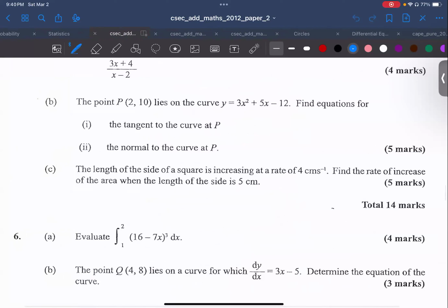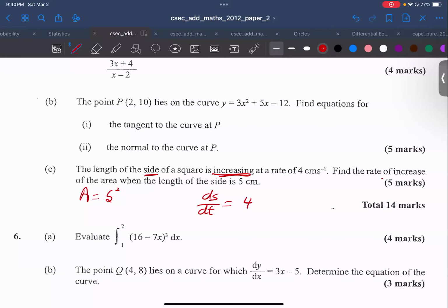All right, so the length of a square is increasing at a rate of 4 cm per second. Find the rate of increase of the area. So area is s squared. When they say the length of the side is increasing, that means ds/dt is 4.